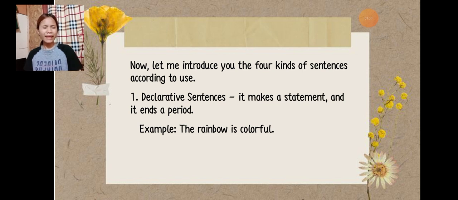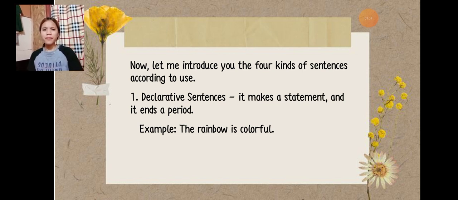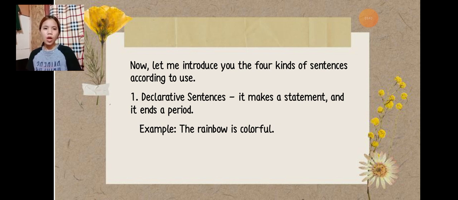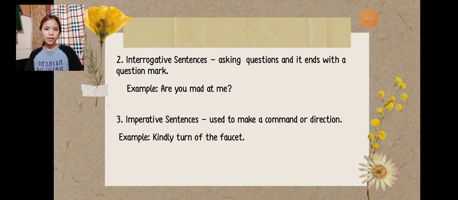Understand? Again, what are declarative sentences? Okay, very good. Declarative sentences make a statement and end with a period. Who can give me an example of a declarative sentence? Okay, very good. The girl is beautiful. Very good.